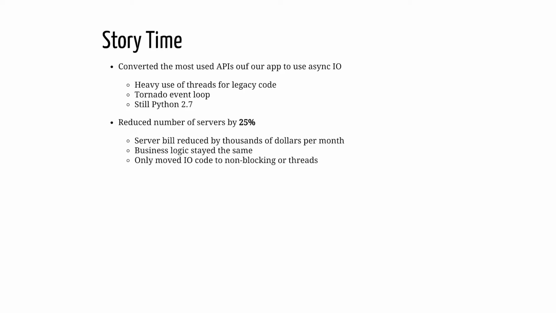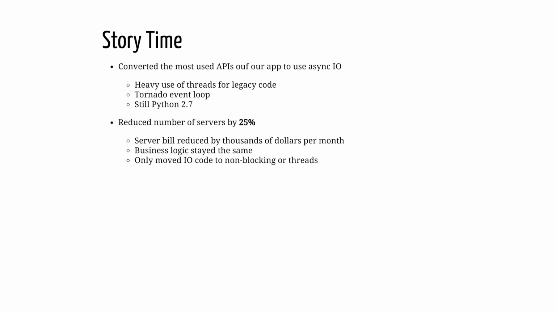Because the business logic doesn't do I/O. We do the I/O and then give that data to the business logic, and that returns a result that we then send again to the client. And mostly what I did was moving all I/O to either be real non-blocking using Tornado APIs or just into threads.